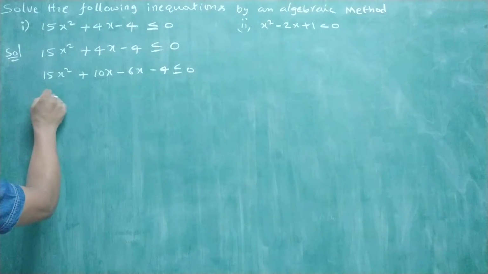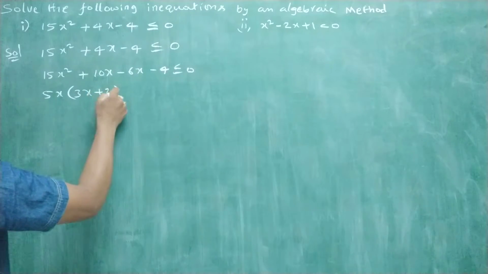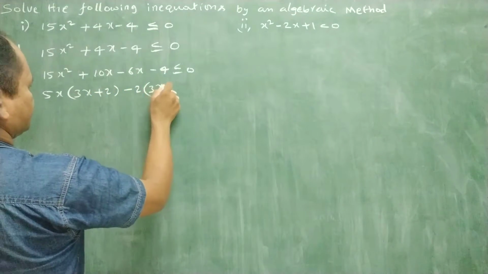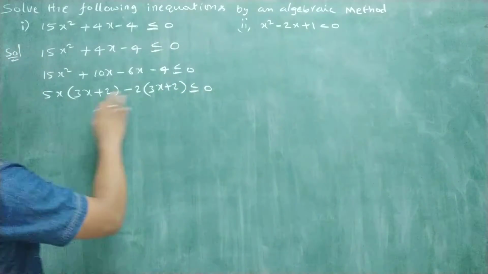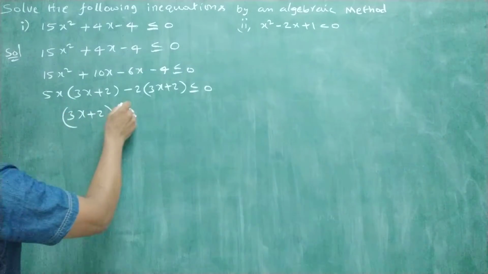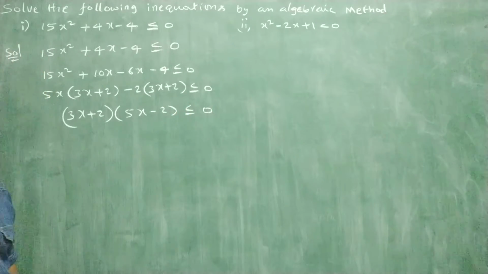Take common 5x from this, then it is 3x plus 2. Take common minus 2 from this, then it is 3x plus 2 less than or equal to 0. Again we take common 3x plus 2 from this: 3x plus 2 into 5x minus 2 less than or equal to 0.